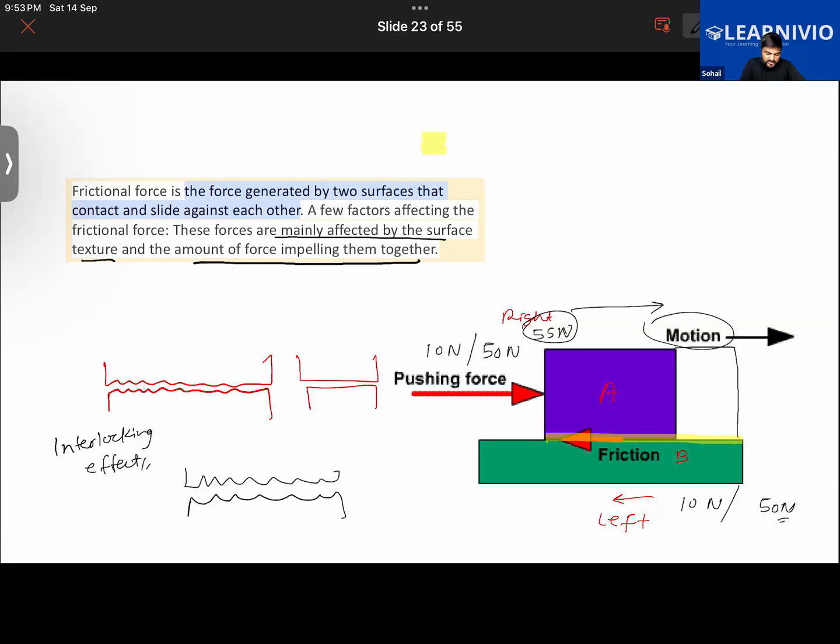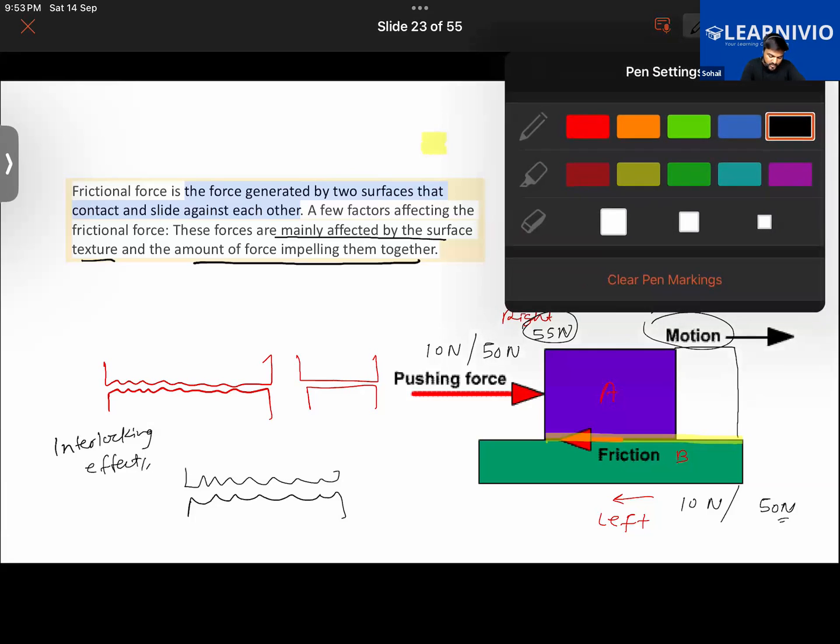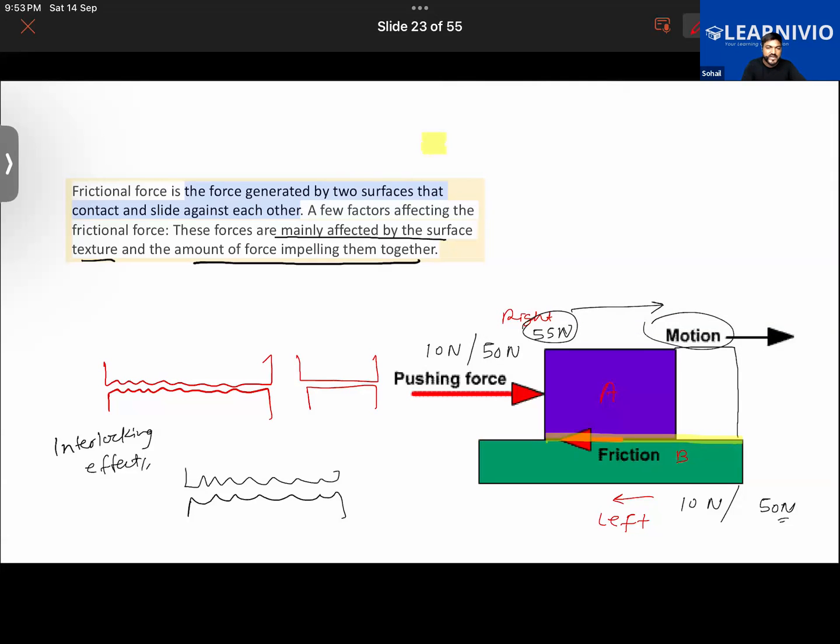So that's all about the frictional force, and frictional force occurs between two solid objects, between two liquid mediums, between two gaseous mediums, between a solid and a liquid medium, or between a solid and a gaseous medium also. What do I mean to say?